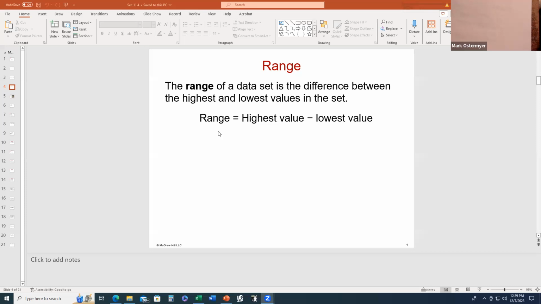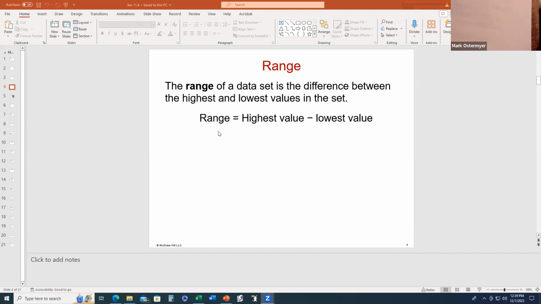Only how many observations? One. Well, to compute the range, we have to know how many observations from a data set? We got to know the what value and the what value. The highest and the lowest? Yep.